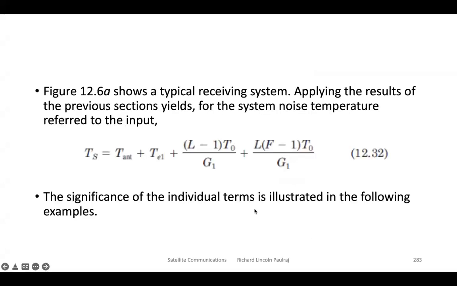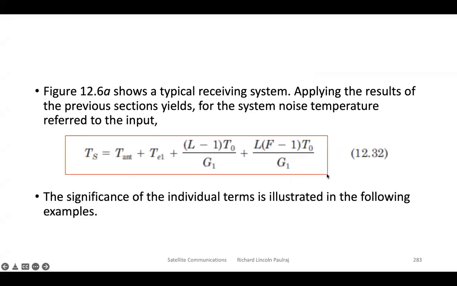Now this formula is important, where we have the system noise. Many problems will come up based on this formula, so all of you can make a note of it. TS is nothing but your system temperature.